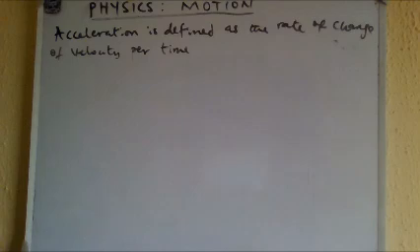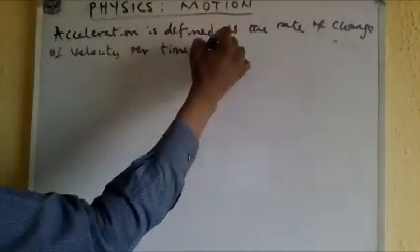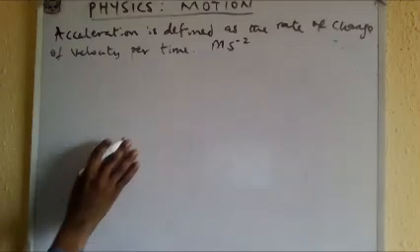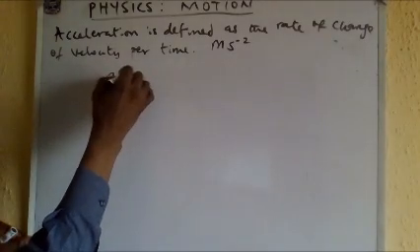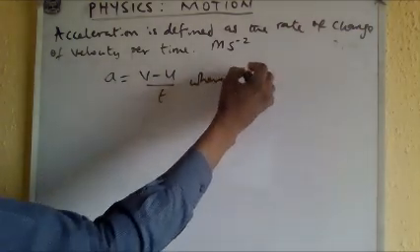The unit for expressing it is meter per second square. So by formula, acceleration is equal to change in velocity over time, where A is acceleration.